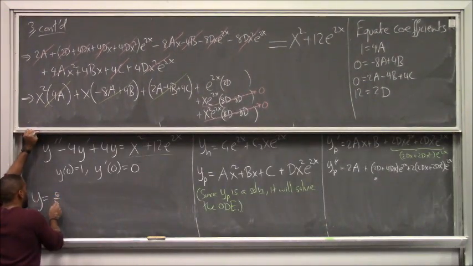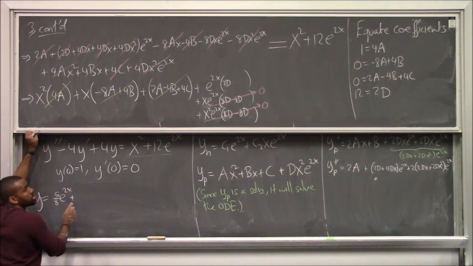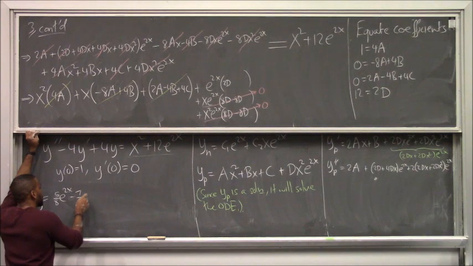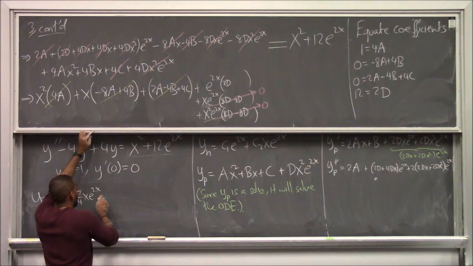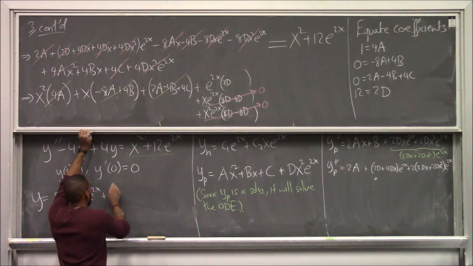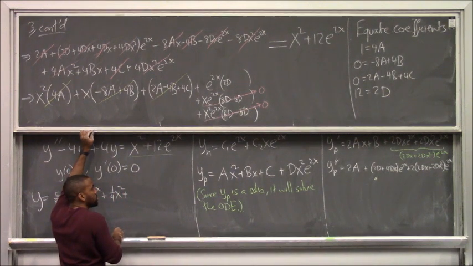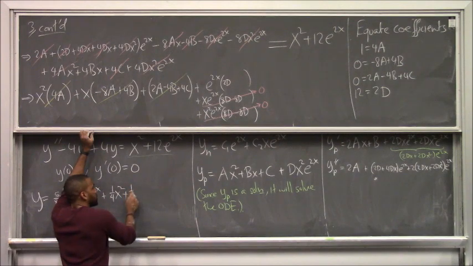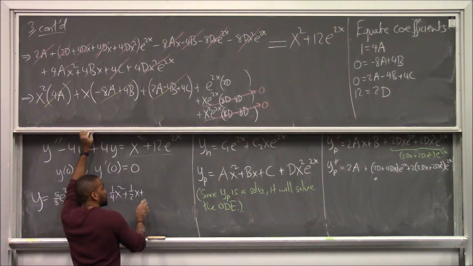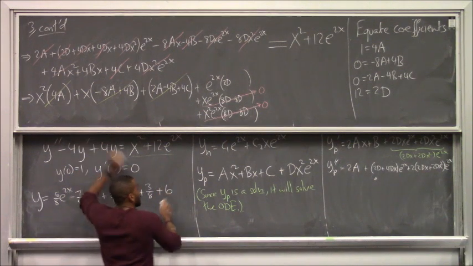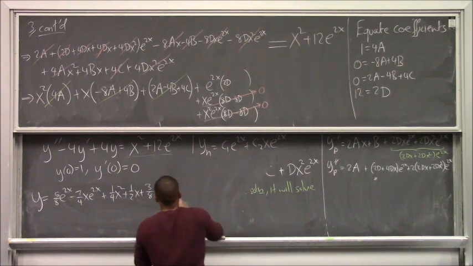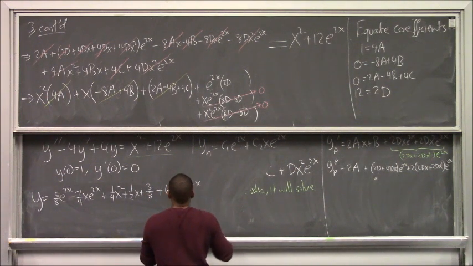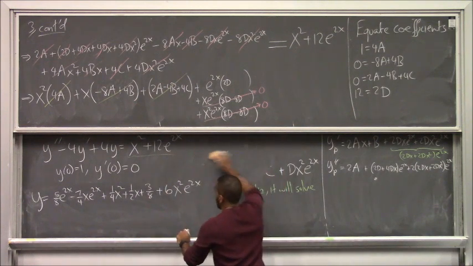So we have 5/8 e to the 2x plus minus 7/4 x e to the 2x plus x squared over 4 e to the 2x, plus 1/4 x squared plus b was 1/2, c was 3/8, plus d was 6. X squared equals what? That's the answer.